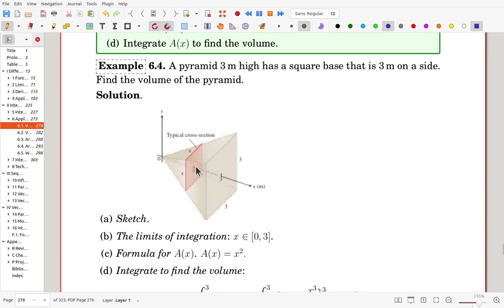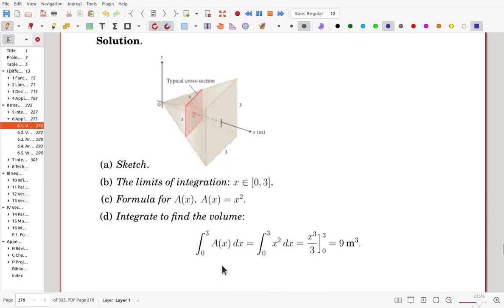And for each x from 0 to 3, we have to find the area. The pyramid has height 3 and base side length 3 meters, so at x the side will be x. So the area must be x squared. Now we integrate the area from 0 to 3. Area is x squared, so that we can get the final answer.